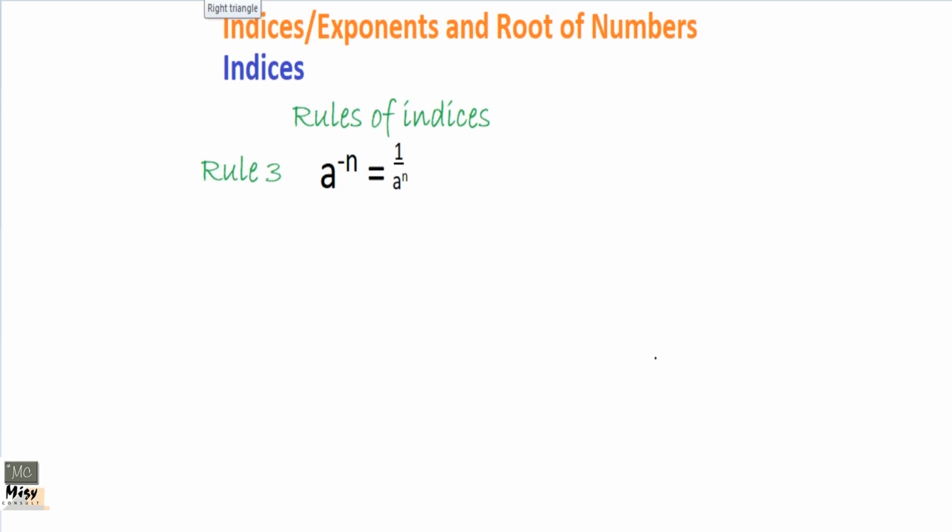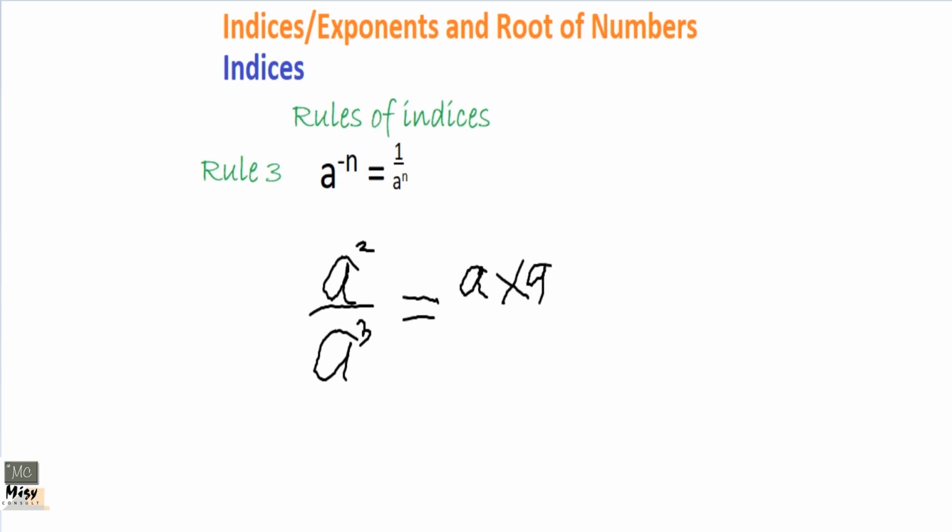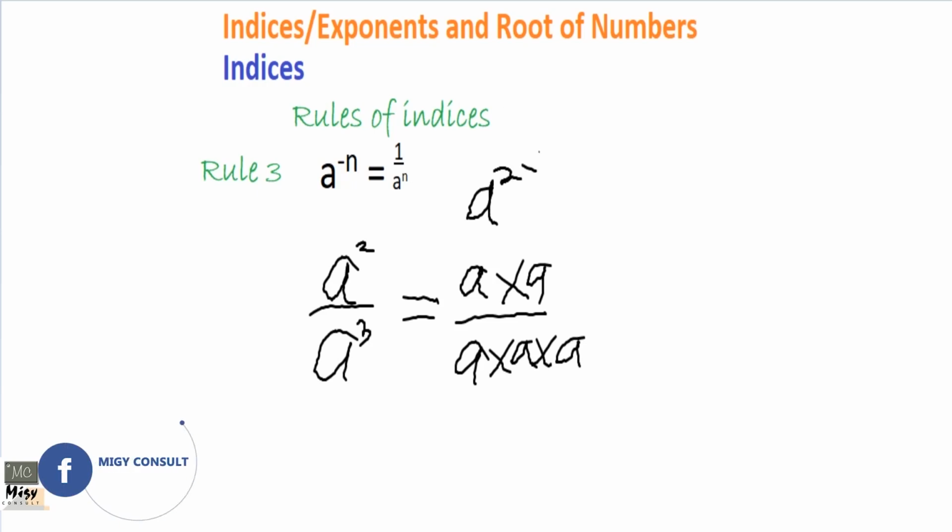So let's give ourselves an example of a raised to the power 2 divided by a raised to the power 3. Okay, we are going to get what? a times a divided by a times a times a. But if you can remember the rule, it's easy that way. It is a raised to the power 2 minus 3, which will give us what?